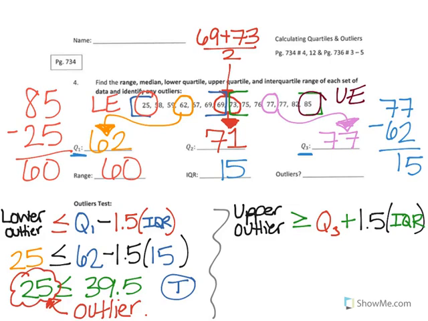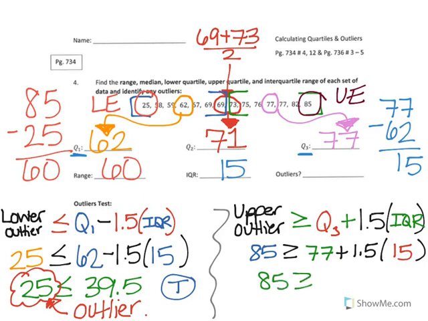Now we're going to check if 85 is an outlier because that is the largest number in our list, to see if we have an upper outlier as well. So we're going to plug in everything else respectively. And when we do that, we end up with 85 is greater than or equal to 99.5.